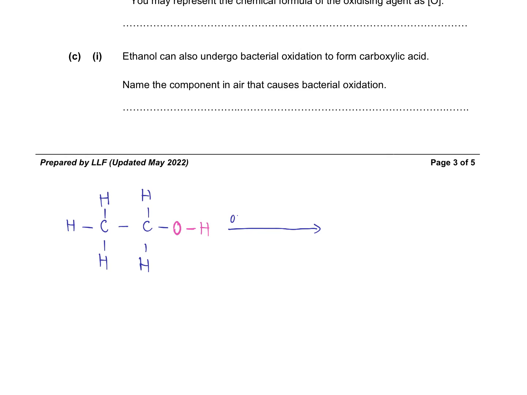So during oxidation reaction, what you focus on is actually this part of the molecule. You focus on this part of the molecule, which means you need to look at the carbon atom that is bonded to the OH functional group. So during the oxidation reaction, your molecule will change into this structure instead.